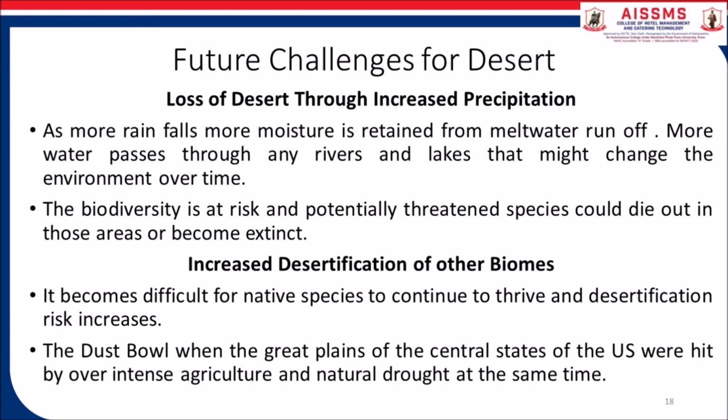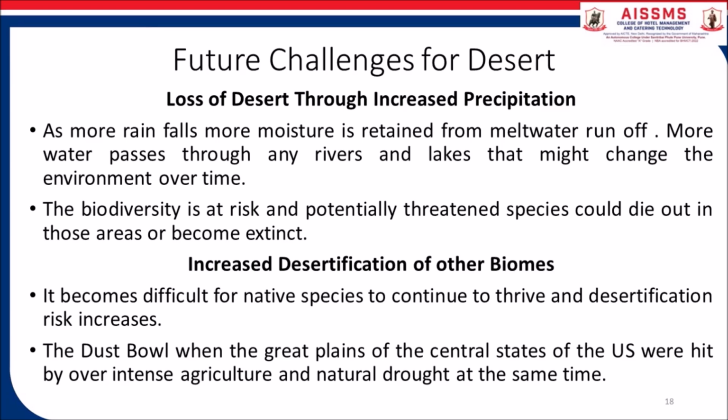The biodiversity is at risk and potentially threatened species could die out in those areas or even become extinct. This is a particular concern for species that exist in just one desert on the planet.